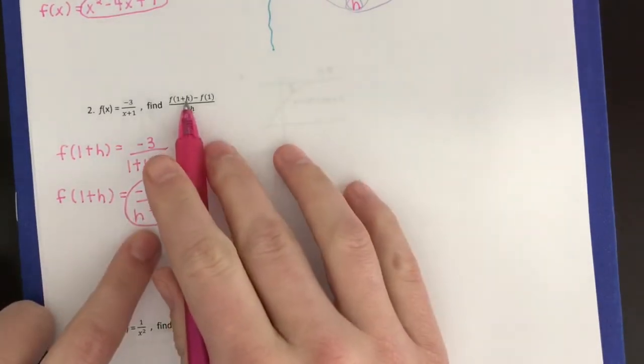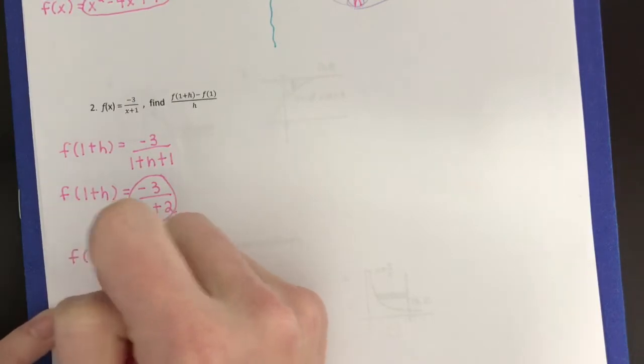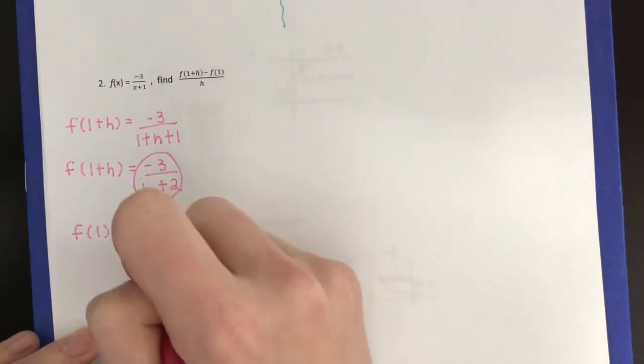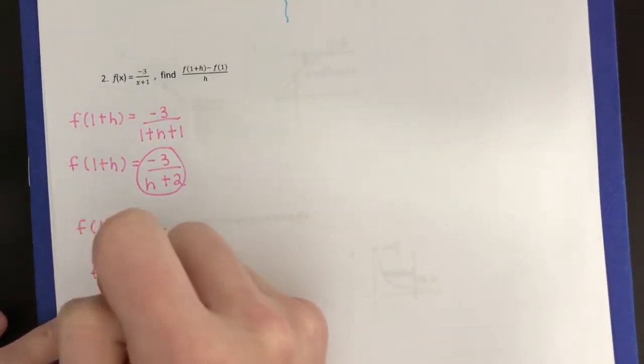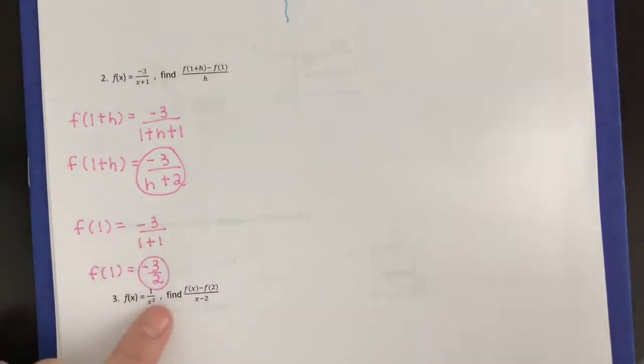Okay, so come down. This is what we're going to plug in for this part. Okay, now we need to find f of 1. So f of 1 equals negative 3 over 1 plus 1. Okay, so f of 1 equals negative 3 halves. Okay, so that's what we'll plug in there.